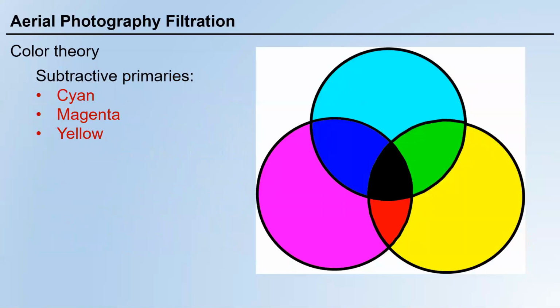Okay, so here are subtractive primaries: cyan, magenta, and yellow. Here, the complementary colors are portrayed this way. For example, we have primary color blue here. Its complementary color is yellow. So yellow is on the other side of this figure, facing blue but has no common field with blue.